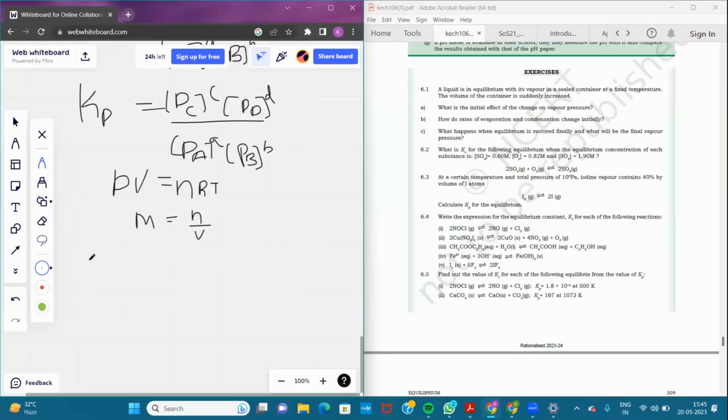So we can write Kp equals, replacing the pressure, pressure equals concentration into RT.